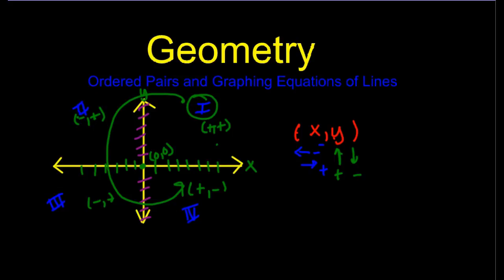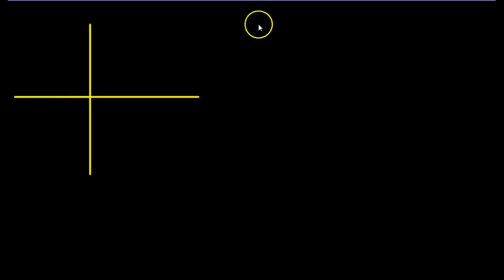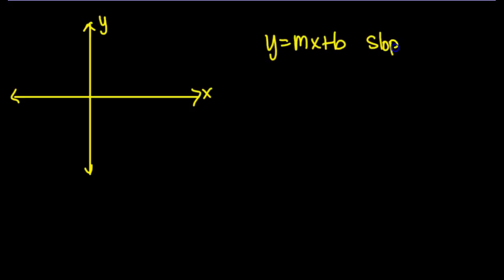All right. Let's talk about graphing equations of lines. Remember, we have the x-axis and the y-axis. So if it's in the form of y equals mx plus b, this is called slope-intercept form.